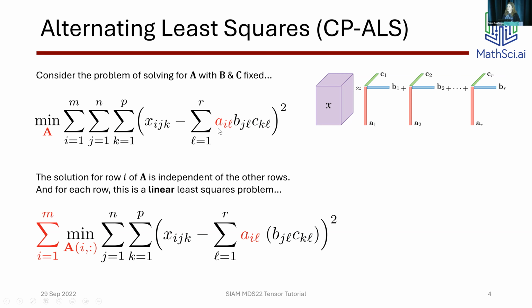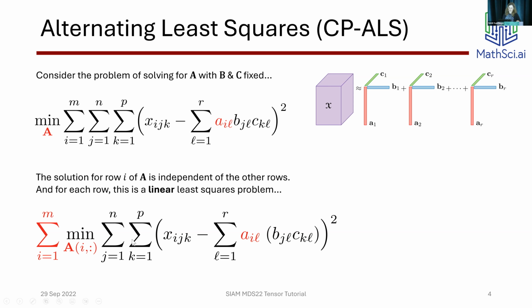If I'm just solving for this variable A, and I stare at that a while, the first thing I notice is the rows of A are independent of one another, so I can solve for them separately and move the summation outside. Secondly, if I ignore that B and C are two different things, I can just multiply them together.